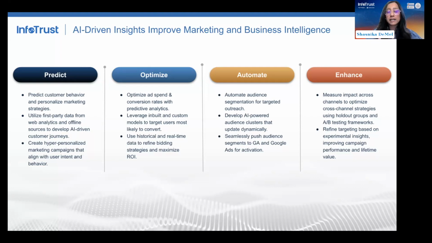And you can think about AI-driven insights in terms of optimization efforts. For example, predictive models can help refine your media strategy by either identifying the right customers to target or the right bidding strategies as well. You can also think about this in terms of automation.